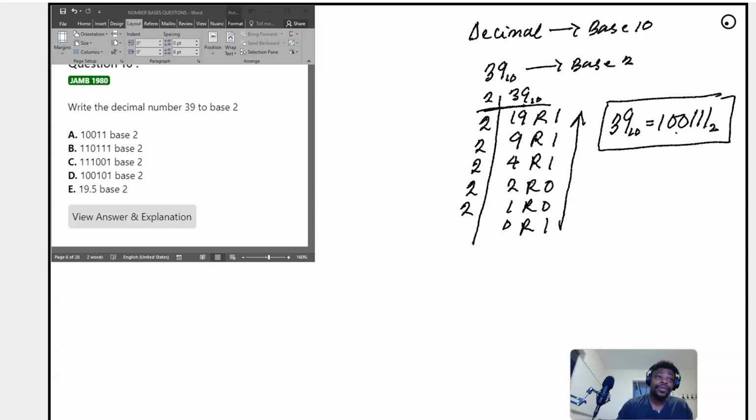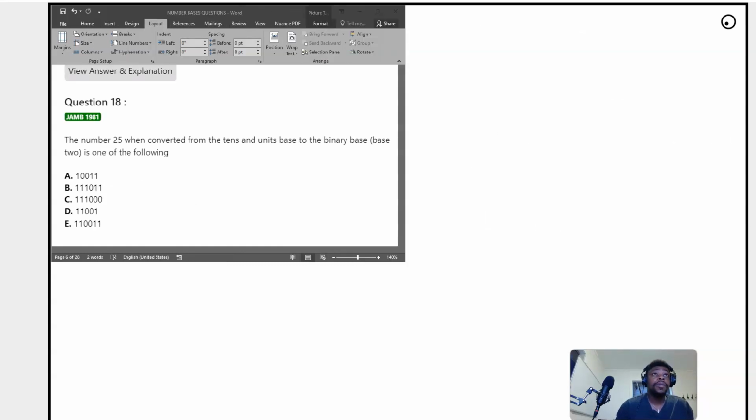Let's continue. So here, the number 25, when converted from tens and units base. When they use the words tens and units, like if I have 12, 1 is the tens and 2 is the unit. So this is like base 10.